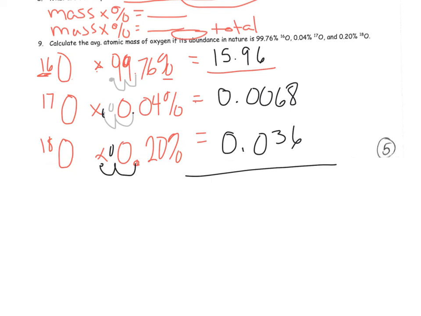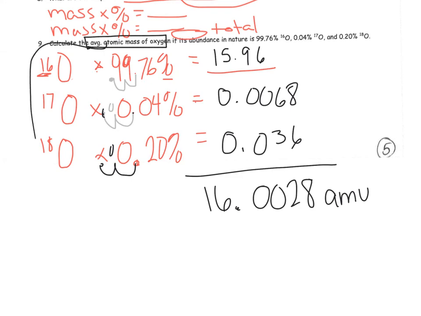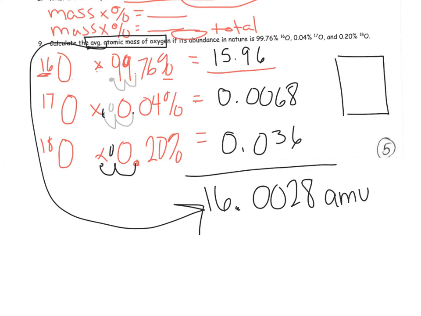I'm going to total those up. I get 16.0028, and the units for this are AMU, atomic mass units. And so this is my average atomic mass of oxygen. Now, this number is different from real oxygen, right? Because when you look at it on the periodic table, oxygen's mass number is 15.999. So sometimes in these problems, they're not going to match because that's how we know you're doing it right.